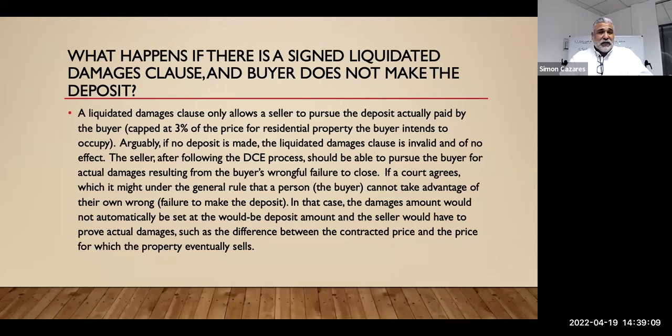Obviously, they'll try to settle before it goes in front of a judge, because it's like a coin toss, right? Once it goes to the courts, it can go one side or the other. You may have a compelling position, and you may have all your documents in order. It still may go the other way. But based on this, failure to make that deposit, in this case, damages would not automatically be set. Now it goes to what the damages are, and now the seller has to provide and articulate their position.